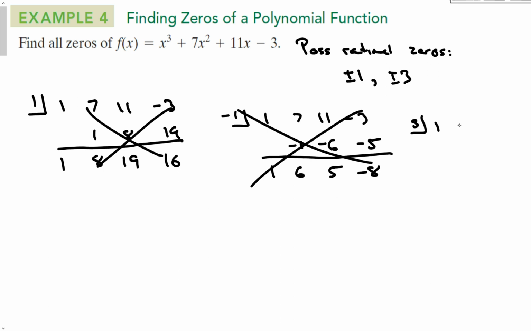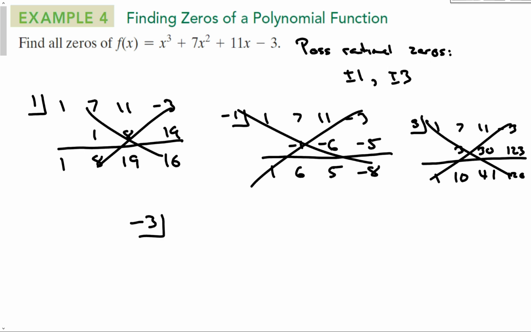Squeeze in 3 right over here. We got 1, 7, 11, negative 3. Bring down the 1. Multiply. Add together 10. Multiply. Add together 41. And I don't even have to finish this because I could tell that it was going to be way too big. Well, we got one more chance, so let's try negative 3.